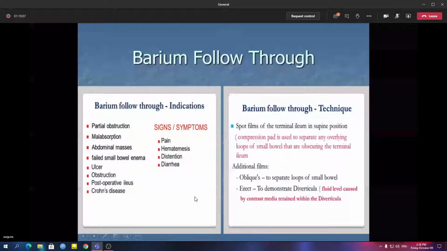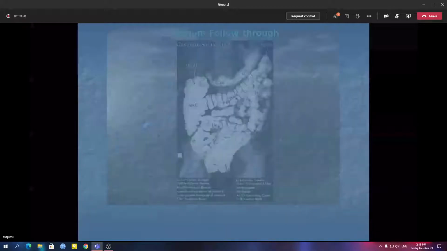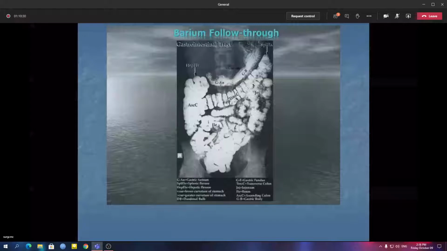So basically we do this when we find there is some kind of partial obstruction, not complete obstruction, or abdominal masses, Crohn's, ulcers, obstructions, or the patient is having hematemesis, diarrhea, distension. In those situations, we do barium meal follow-throughs. And dyes are given.